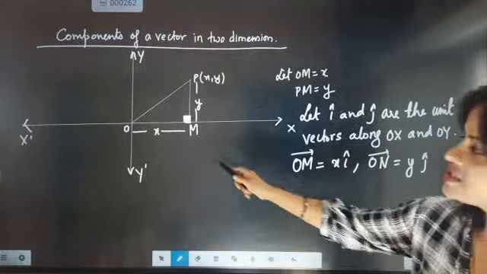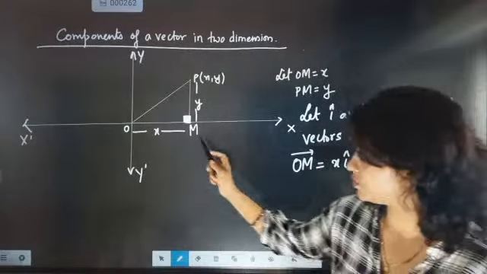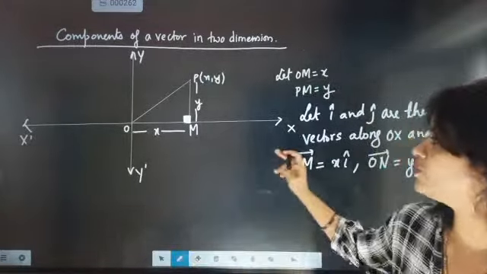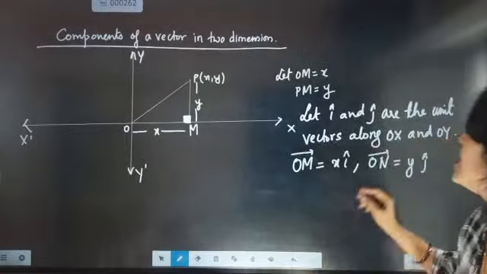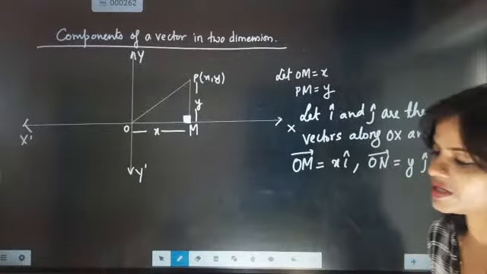So here x is the magnitude, and we have used the unit vector along OX, which is taken as the I vector. So the OM vector and the ON vector will come.